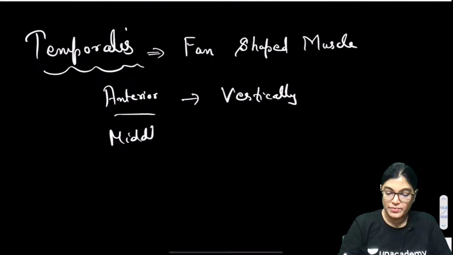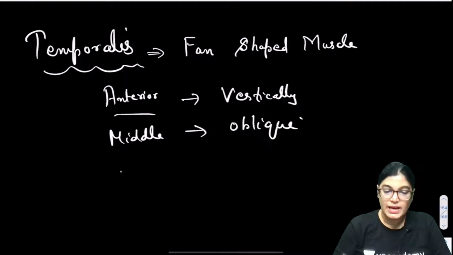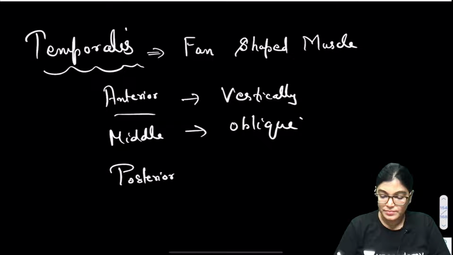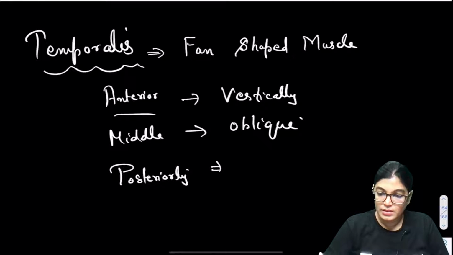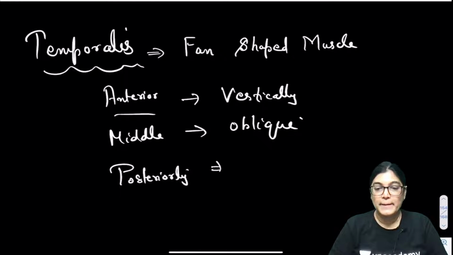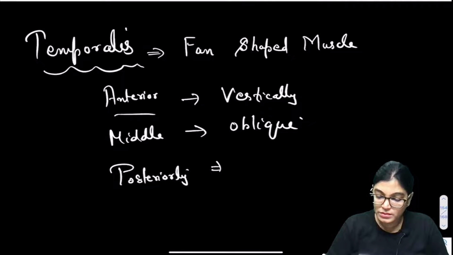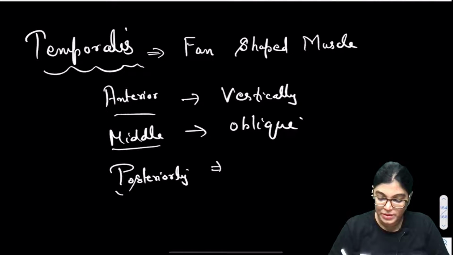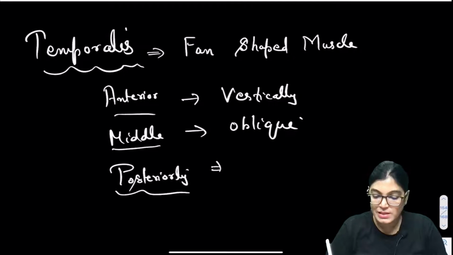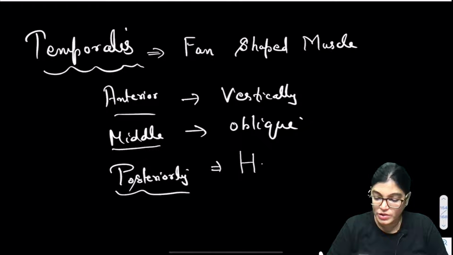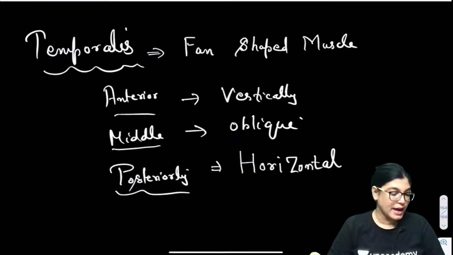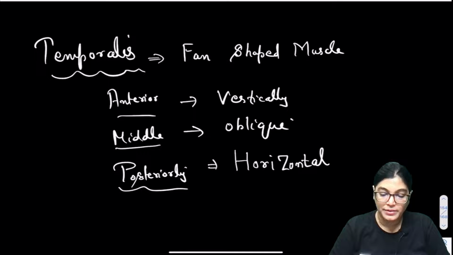Its middle or intermediate fibers are oriented in an oblique direction, and its posterior fibers are directed in a horizontal direction. Got it, everyone?